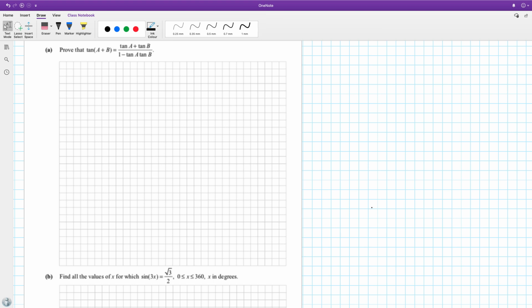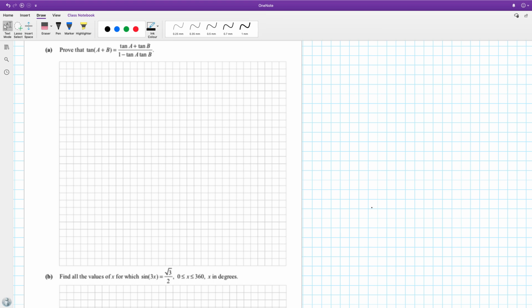What are we going to look at? What's your idea? You want to pick the left or you want to pick the right? Tan A plus B. Anyone know what the formula for that is? So we can't use that one because that's just straight out of the log tables.